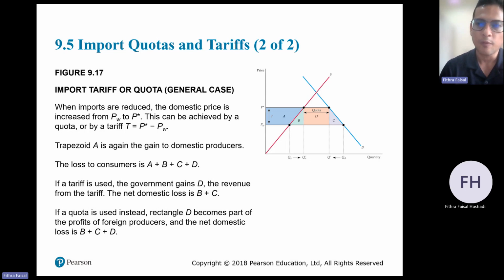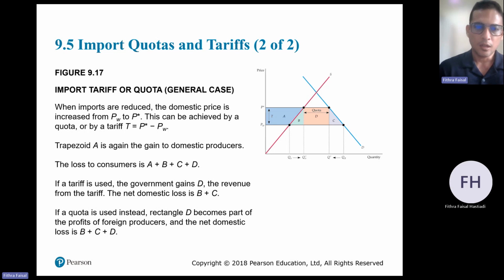Another example, if we have a quota, for example an import quota, the situation is still the same. The price is now P star, but since we don't have a tariff, the one that can have part of the surplus over here is the foreign producers, because they can enter our market, and the profits do not go to the government.